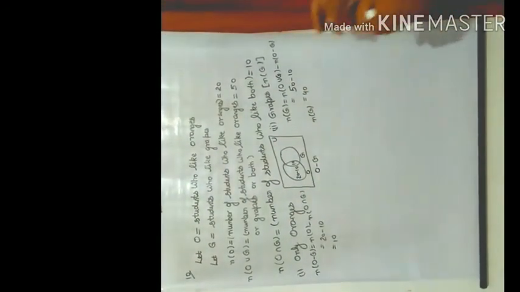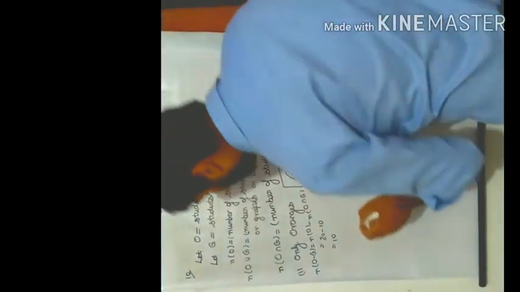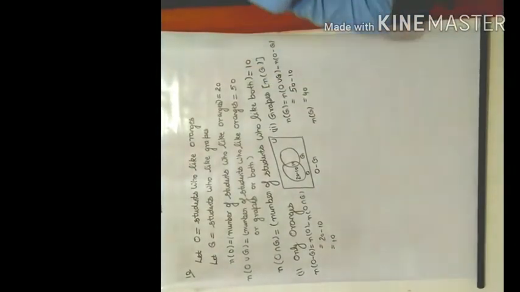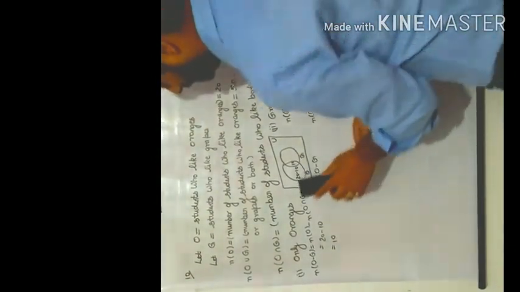Then the third part is finding how many are there who like only grapes. Only grapes means the people who like nothing else other than grapes. So I'll drop this portion because it's already becoming clumsy.